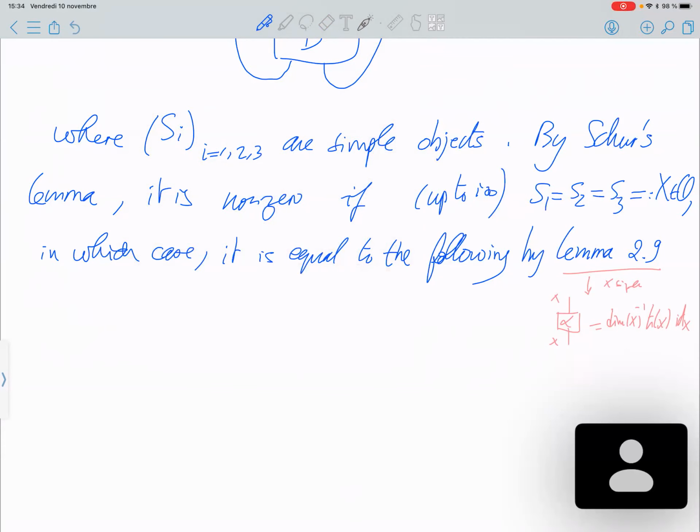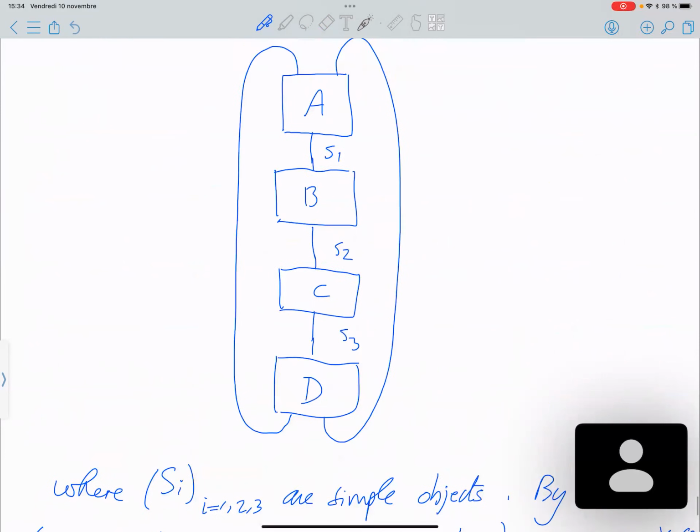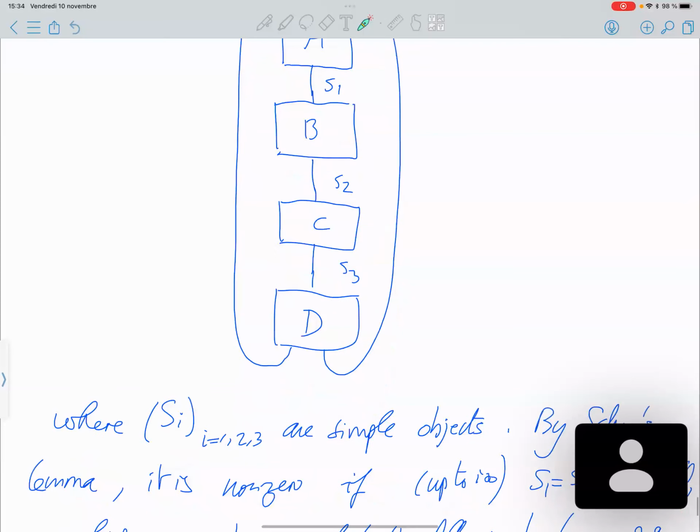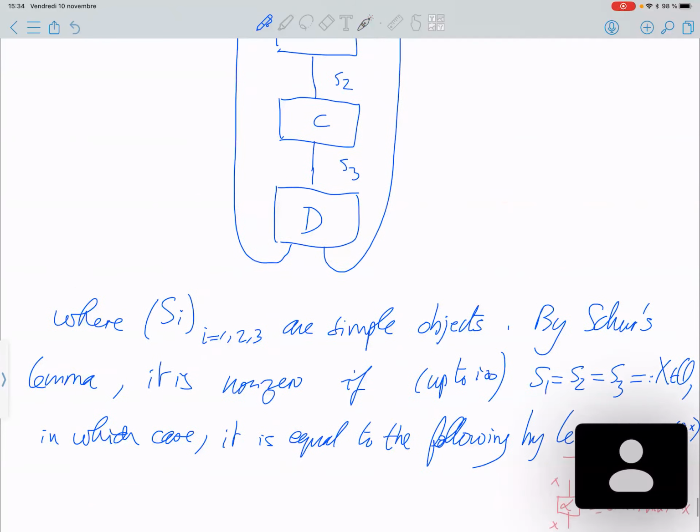Okay, so you apply this lemma 2.9 here, then here. You can apply it 2 times.